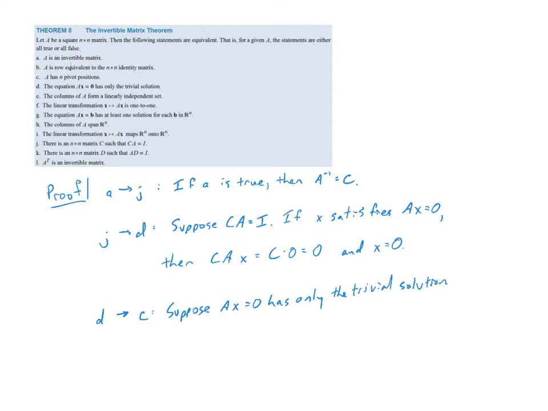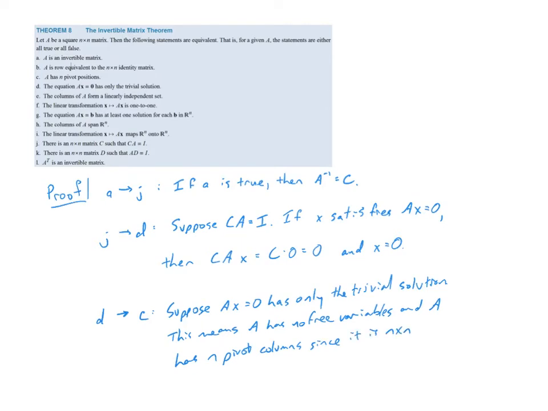So if this has only the trivial solution, this means A has no free variables when it's in reduced echelon form, and A has n pivot positions, n pivot columns, since it is n by n, right?